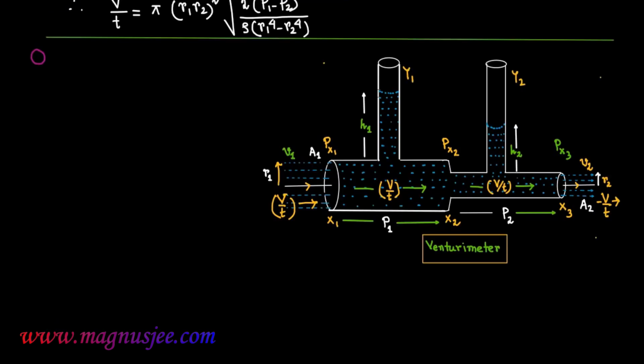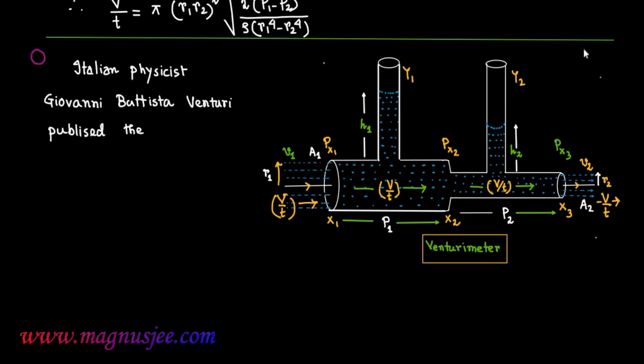Another additional information in connection with Venturi meter: the Italian physicist Giovanni Battista Venturi published the theory paper of Venturi meter or Venturi effect in the year 1797.